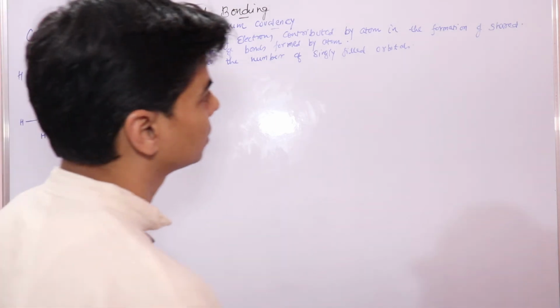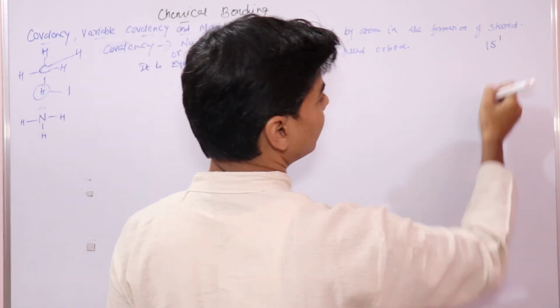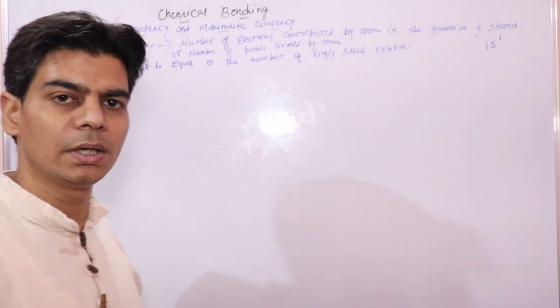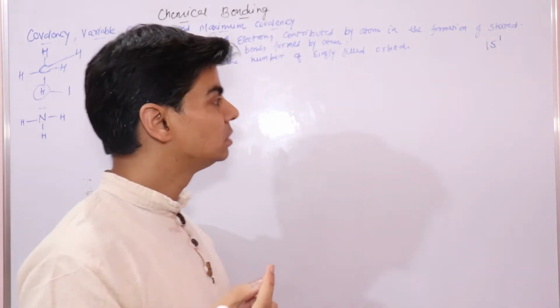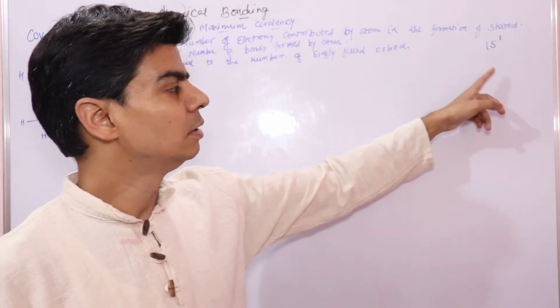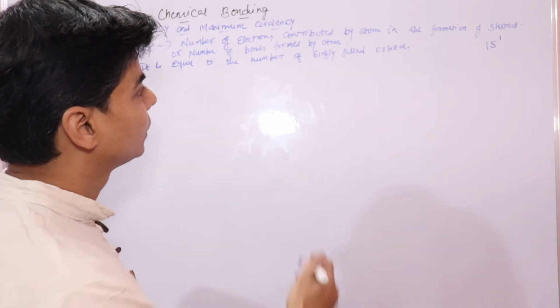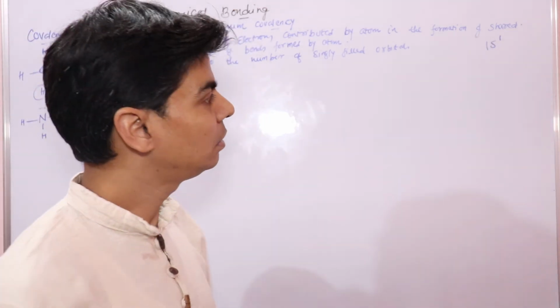If we look at the simple hydrogen atom, its electronic configuration is 1s1. It has only one electron in the outermost shell. So here it has only one singly filled orbital, the 1s orbital, which is singly filled, or half filled. It has only one half filled orbital.